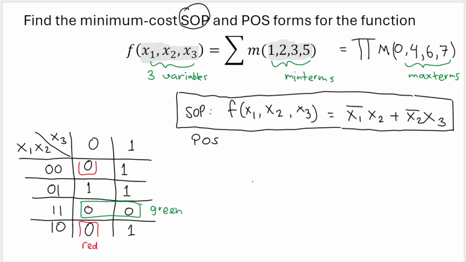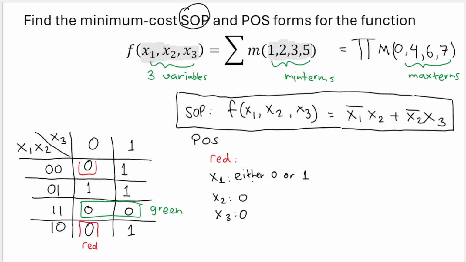Let's see the red group here. For x1, we have either 0 or 1. Then for x2, we have 0 and 0, so x2 is 0. And for x3, this one is 0, so x3 is 0.